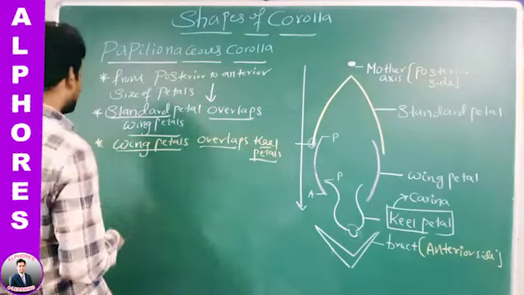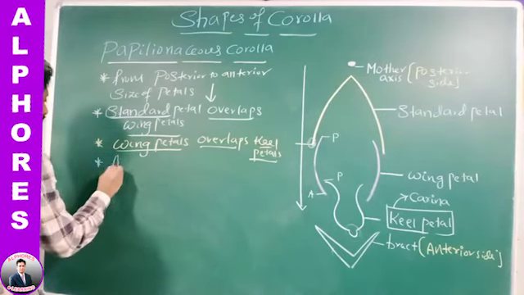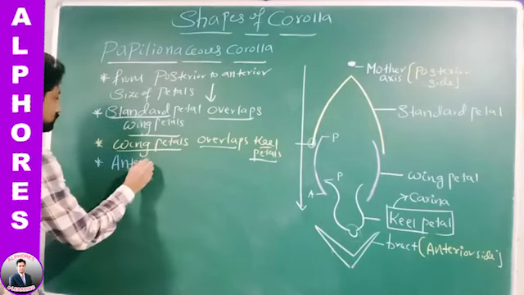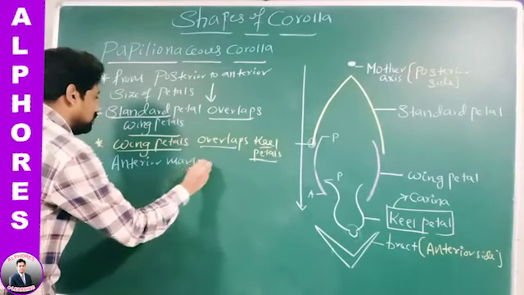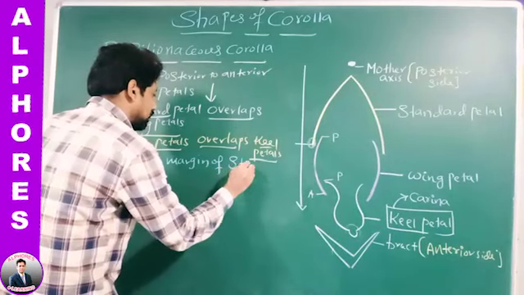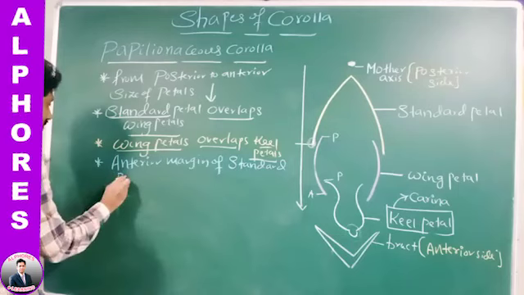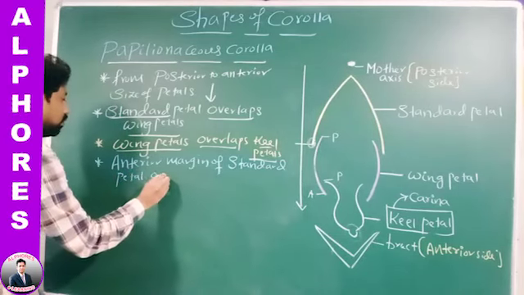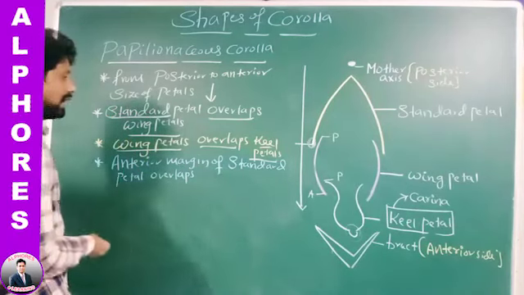Now I am writing this statement. Be careful with this statement. Anterior margin of a standard petal. I am writing the complete name. Anterior margin of which petal? Standard petal. Overlaps. I am not saying overlapped, I am saying overlaps.